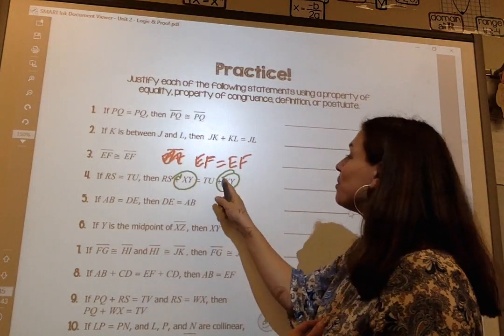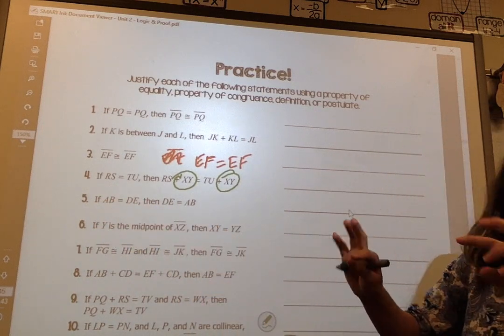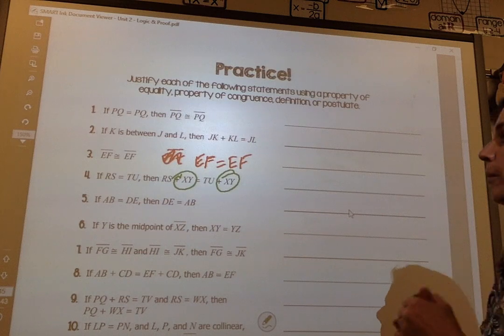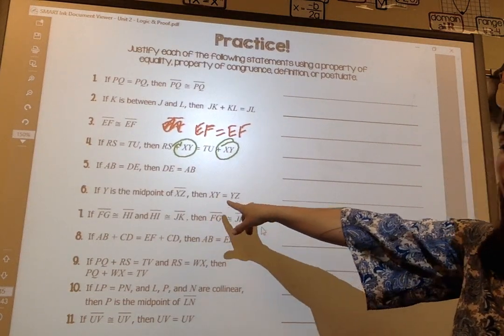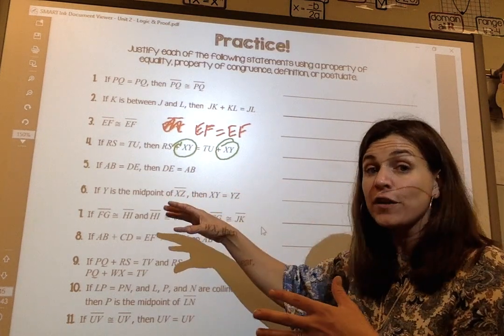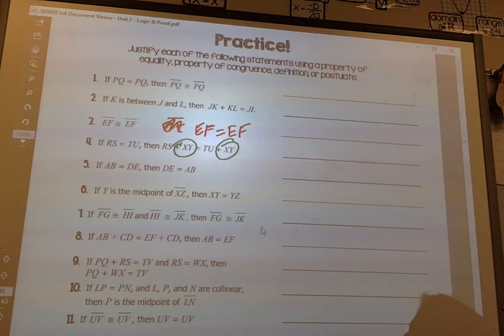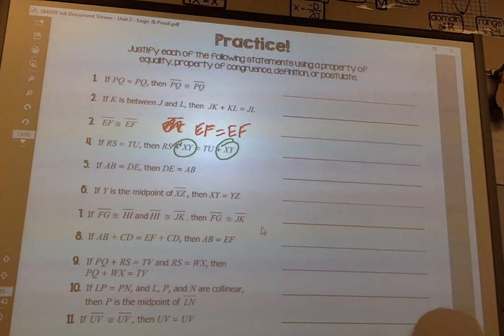Sorry. Addition property of equality on this one. All right, number 5 is going to be symmetric property. Number 6, if Y is the midpoint, then XY equals YZ. That's the definition. It's telling us a midpoint. That's definition of midpoint. Number 7 is going to be your transitive property. Number 8, if AB plus CD equals EF plus CD, then AB equals EF.